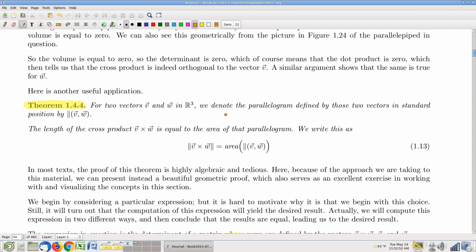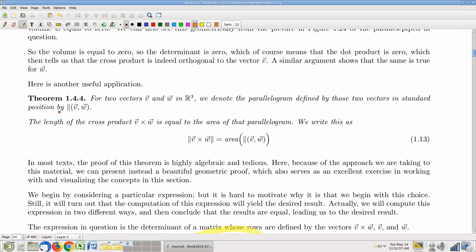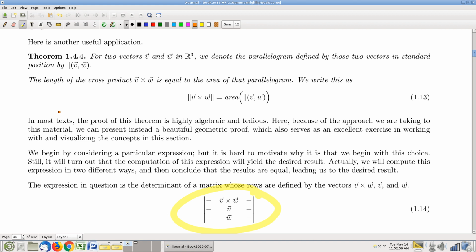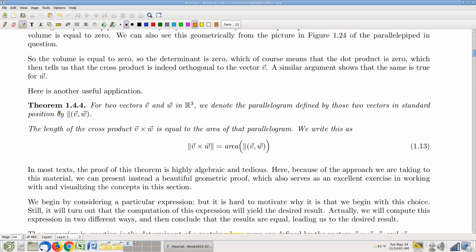Okie dokie. Here's the next one. This one's morally, strategically kind of similar, and that is, let me not get ahead of myself. So, new fact. Given a couple of vectors v and w, I'm going to define the parallelogram.